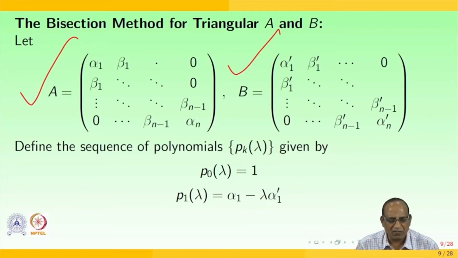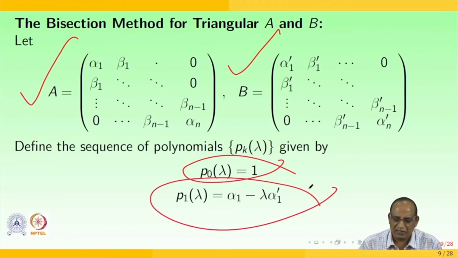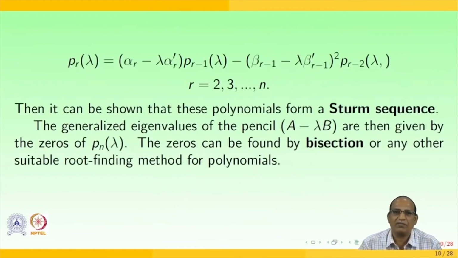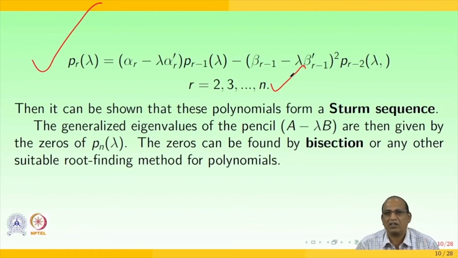Define the sequence of polynomials pk lambda given by p0 lambda is 1, p1 lambda is alpha 1 minus lambda times alpha 1 prime, then pr lambda is alpha r minus lambda times alpha r prime times pr minus 1 lambda, minus beta r minus 1 minus lambda times beta prime r minus 1 squared times pr minus 2 lambda, r equal to 2, 3, 4, up to n.